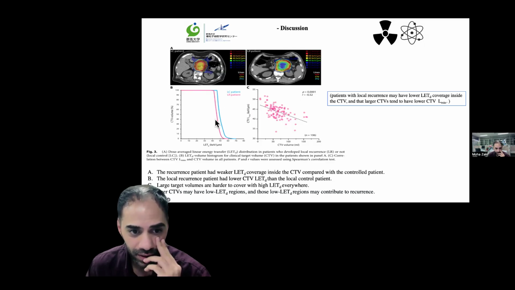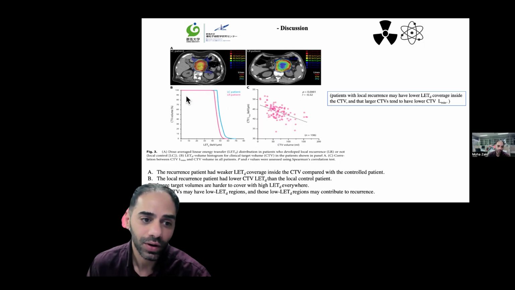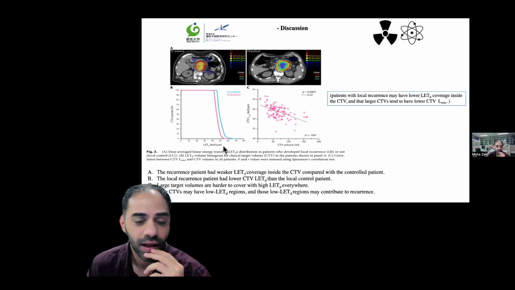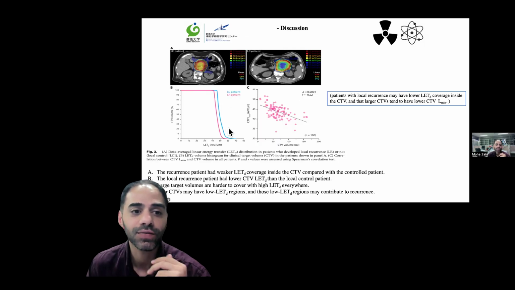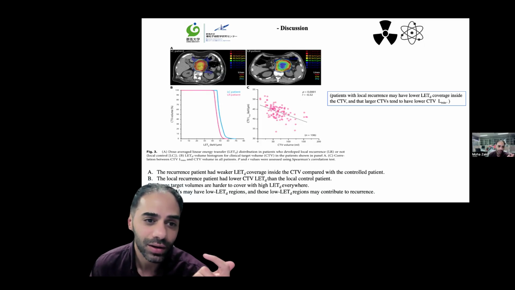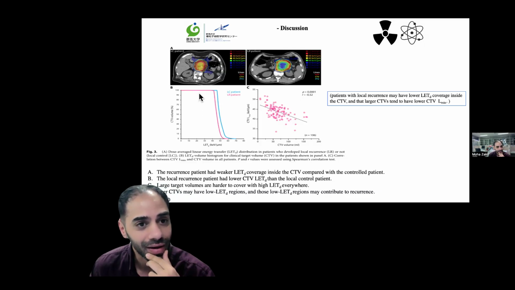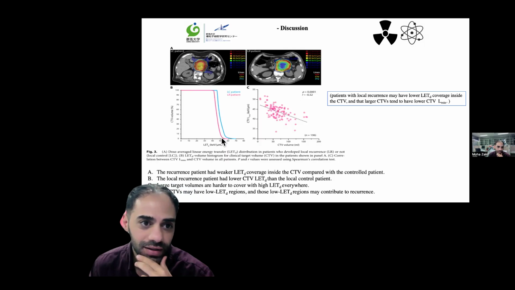So the patients were shifted. We can see in the CTV volume, dose average LET has shifted to the right in the local control patients, which means local control patients received higher dose average LET in the clinical target volume, whereas the local reoccurrence patients received lower dose average LET.